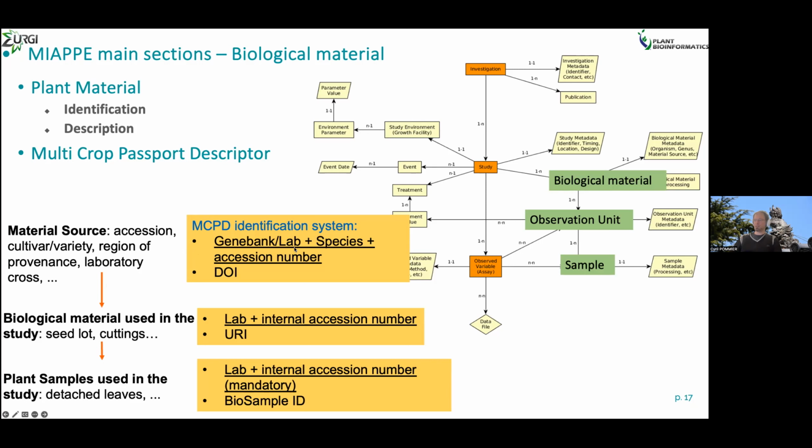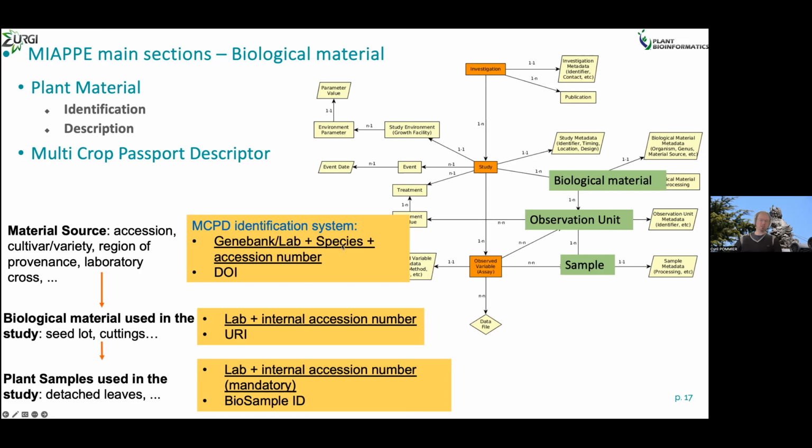The important thing is that it is always an identification system based on a triplet. The gene bank, the laboratories, the breeder, well, a namespace for unicity. The species, in case you've got several species within a given gene bank or breeder.